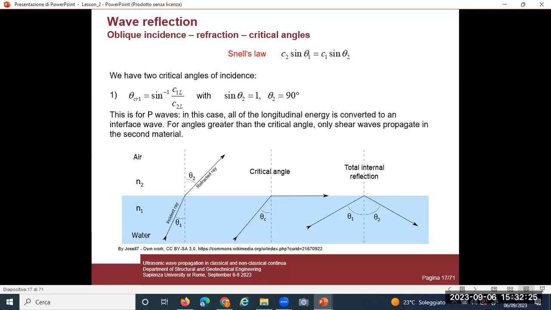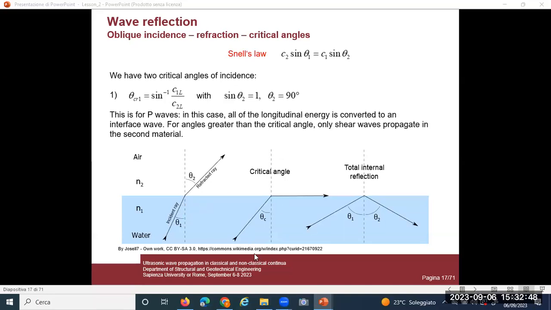An important aspect in the case of refraction is the critical angle. So you see, this is exactly what happens. You've got an incident wave and a refracted wave. This is done for a ray of light.